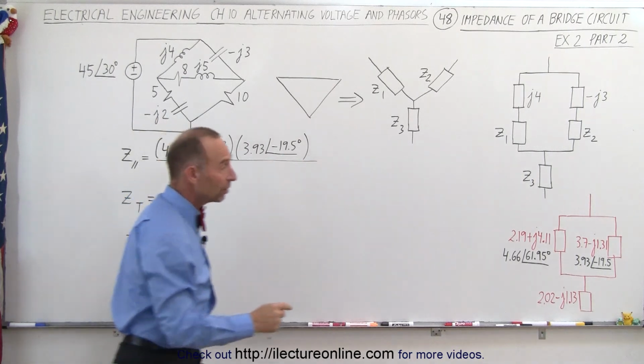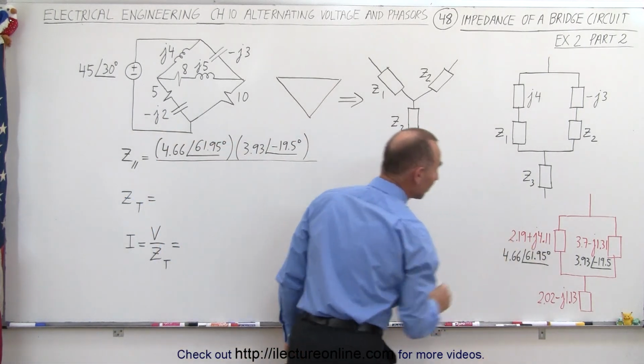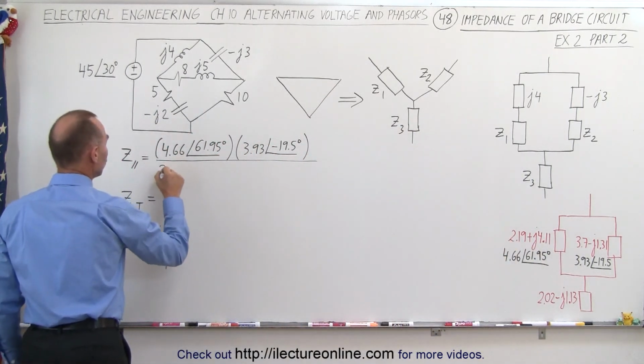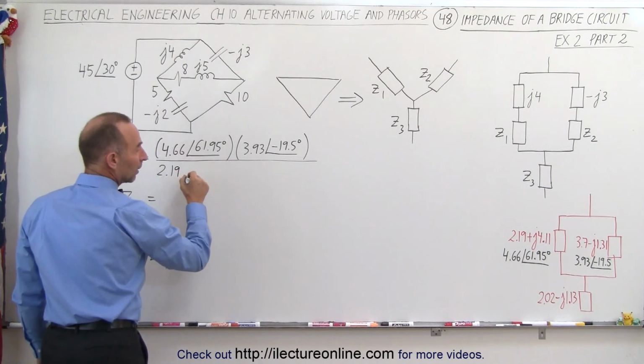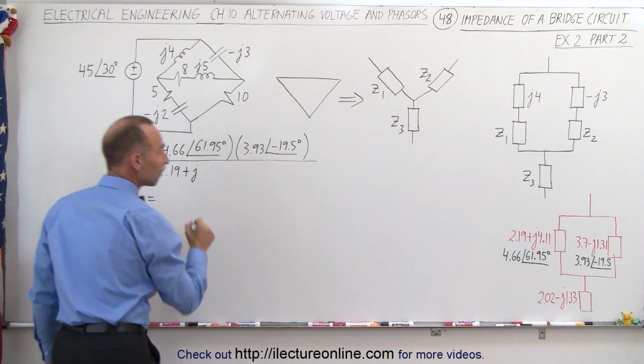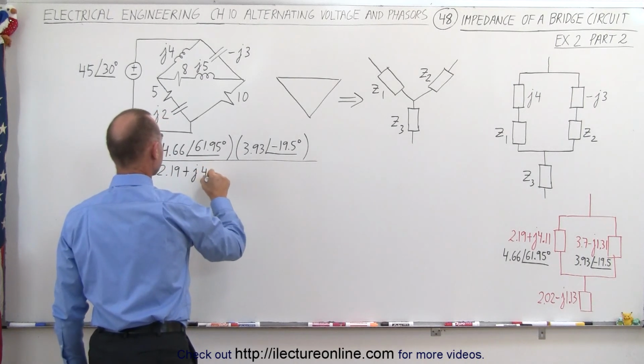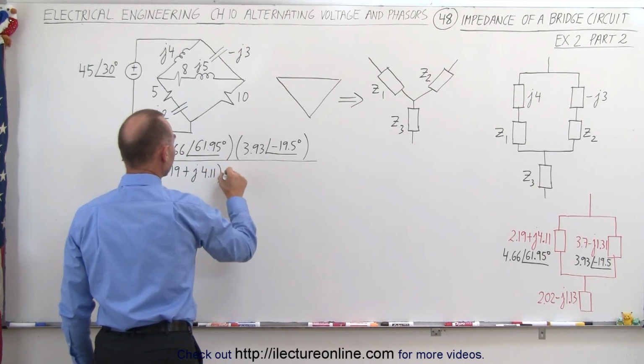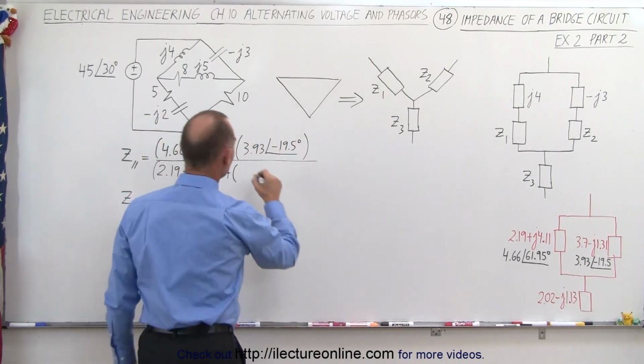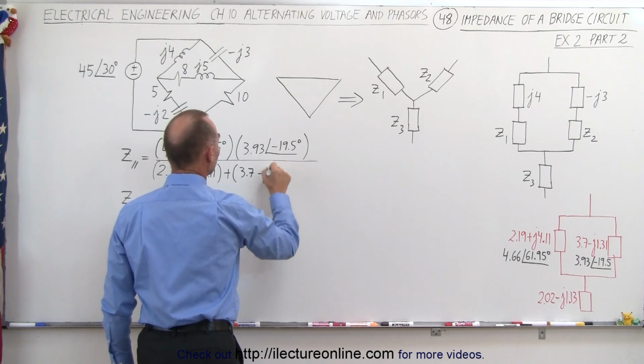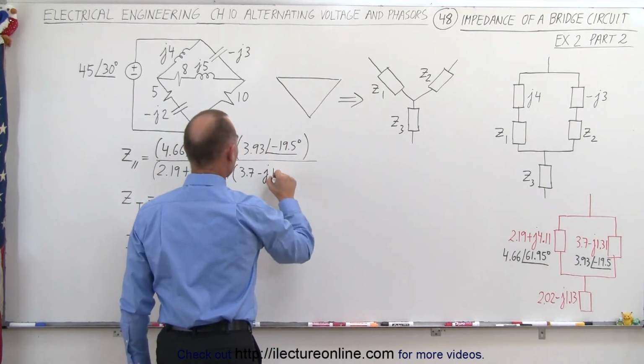And for the sum, it's better to leave it in the real and imaginary part. So we have 2.19 plus J 4.11, and add that to 3.7 minus J 1.31.